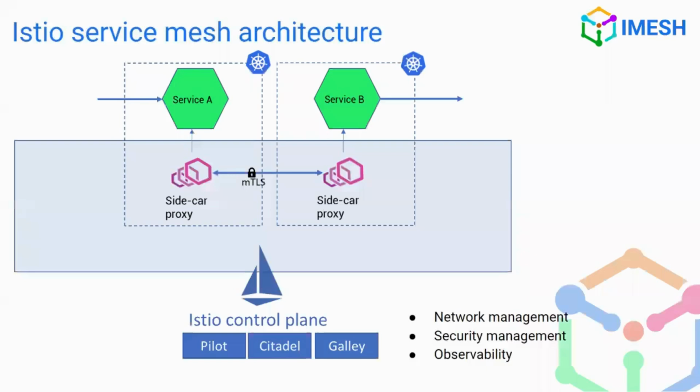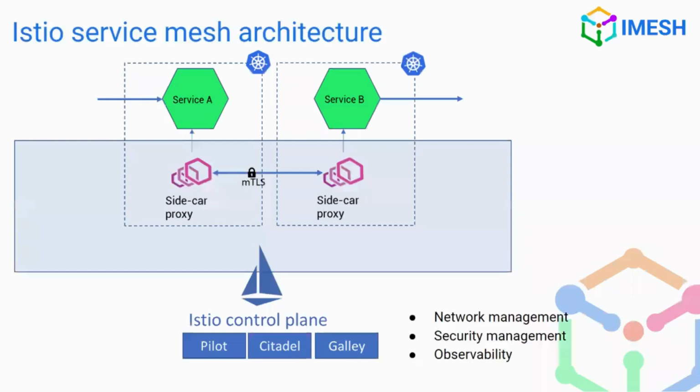We don't want to implement all these features in each of the individual services, because if we implement them individually for a service, we will face scalability issues, and it will also increase the effort and complexity within the microservice. So how do we implement them in common? That is where this Istio service mesh is very useful. Istio is basically one of the most popular service mesh implementations.